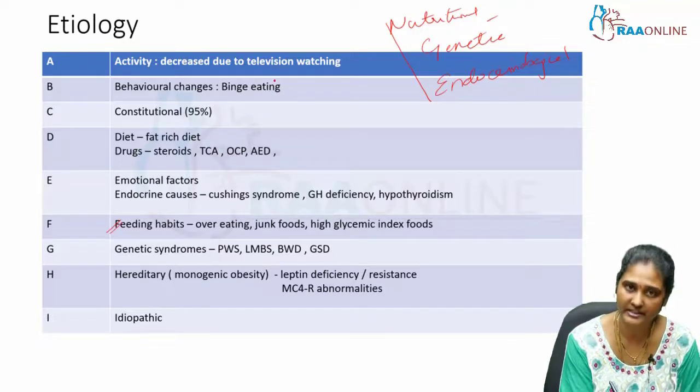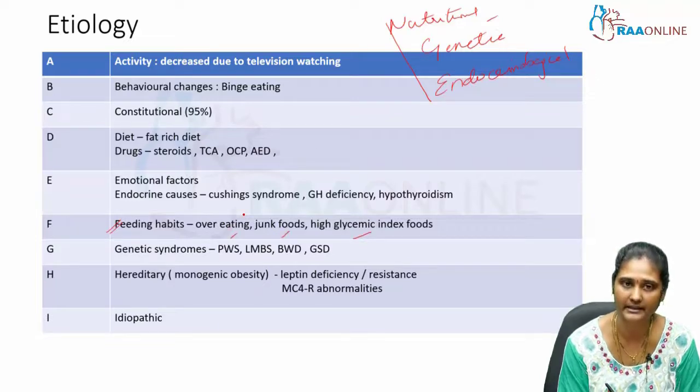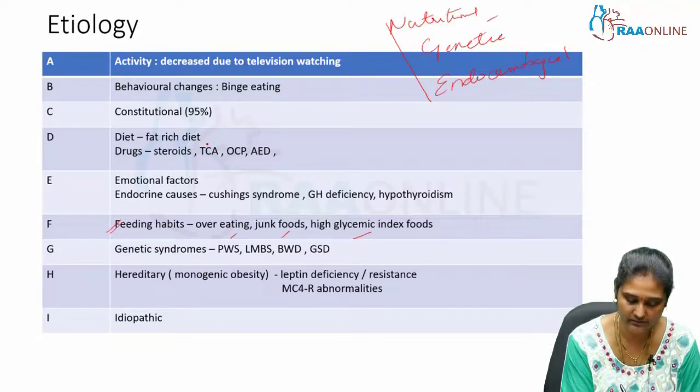It may be because of decreased activity or altered food eating habits. Junk foods and high glycemic index foods will be a major component in their diet, they will be eating a fat-rich diet and binge eating, and the activity will be a sedentary lifestyle, with more television watching.